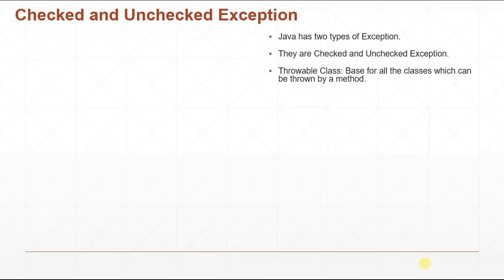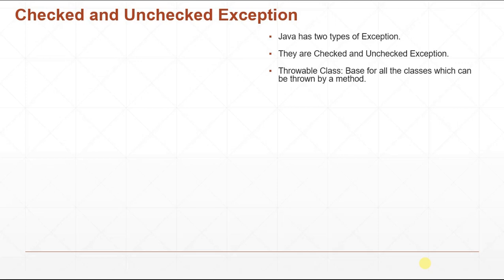So when we are talking, we are using the word JVM is throwing, or the particular piece of code is throwing the exception. So that's why the infrastructure for throwing an object so that it can be handled in a separate piece of code is kept in a throwable class.